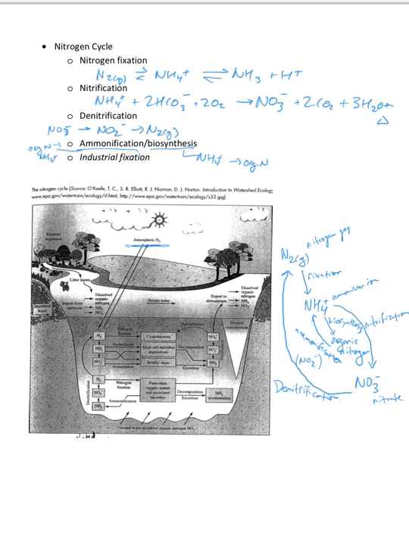One thing I didn't write was the overall reaction for denitrification, just FYI, would be C10H19O3N plus 10NO3- goes to 5N2, so there's nitrogen gas, plus 10CO2 plus 3H2O plus a little bit of ammonia plus 10OH-. Not critical you understand this, but it's a combination of a couple of reactions. You don't see the nitrite popping up in there. It's an intermediary between the overall reaction that's happening.